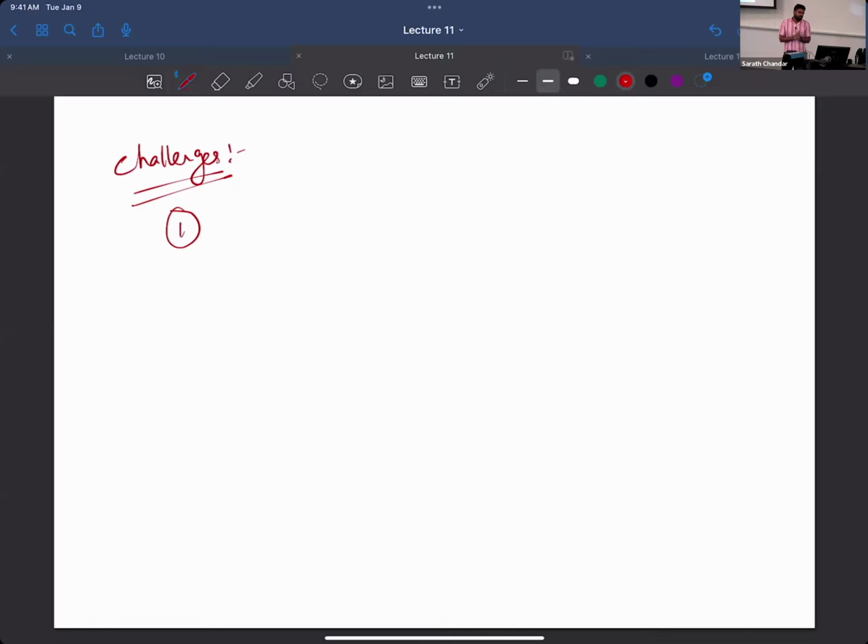Any project that you're working on, you have to tune your learning rate. It would look like your method is not working at all if you have a wrong learning rate. Just changing the learning rate could make a huge difference in the training, right? So the first challenge is how to tune your learning rate.